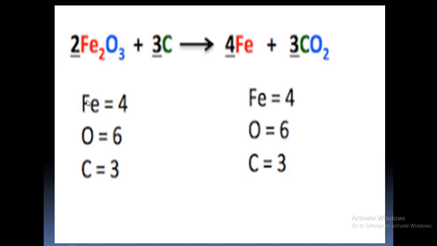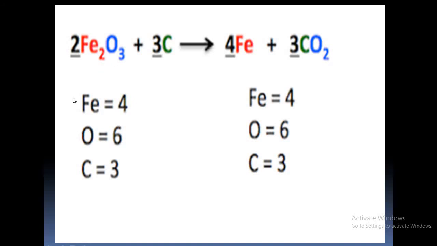Here, what is the qualitative aspect? The qualitative aspect is that the elements iron, oxygen, and carbon are taking part in the reaction. Another qualitative aspect is that ferric oxide and carbon are reacting to form iron and carbon dioxide.